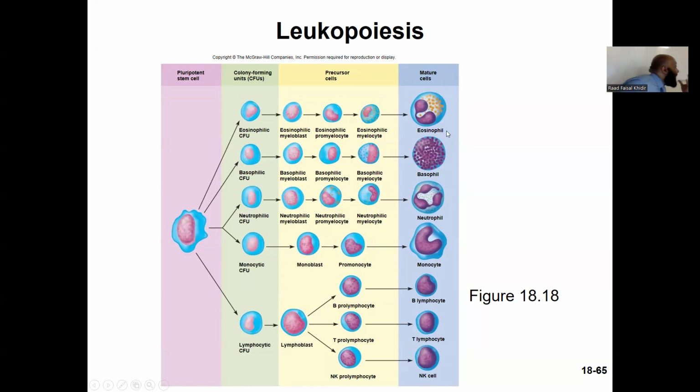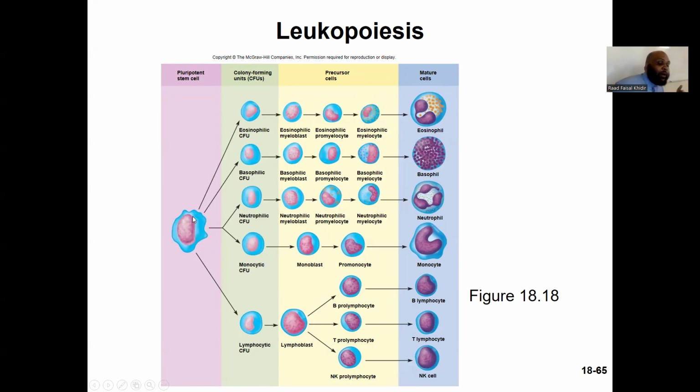So based on demand, what is the body demanding? What does the body want? Does the body want an eosinophil? Does the body want a basophil? Does the body want a neutrophil? Then it will go all the way back to the stem cell and tell the stem cell, we need an eosinophil.